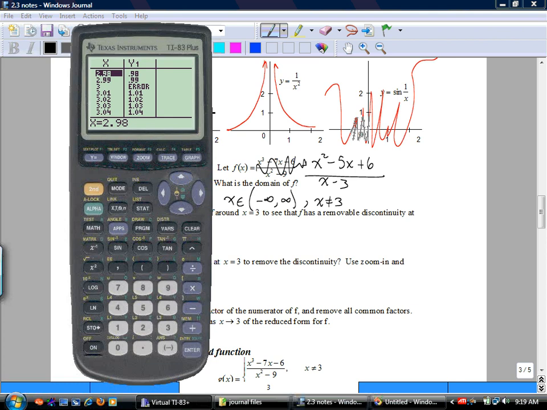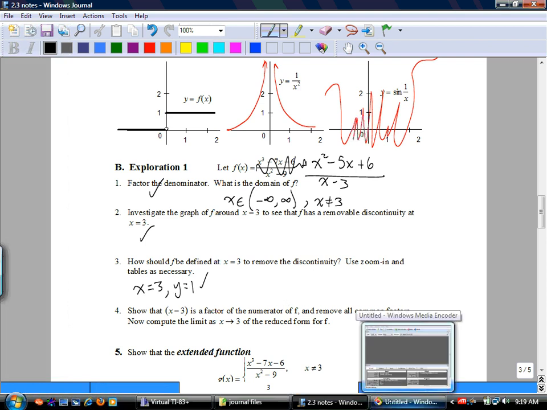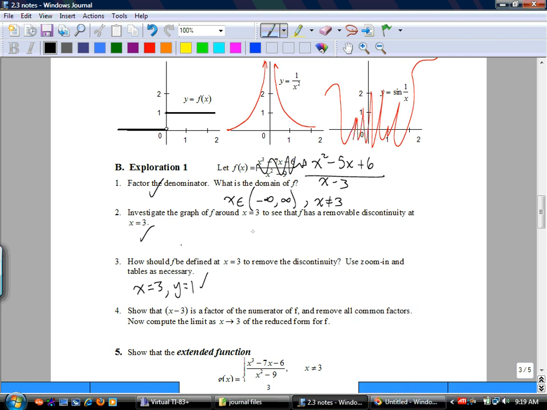So we've done it graphically, we've done it numerically. Here's how we do it analytically. We do the limit. Okay, so how should we define it? Well, we could use the limit as x approaches 3 of x squared minus 5x plus 6 over x minus 3. Mr. App, factor the numerator.